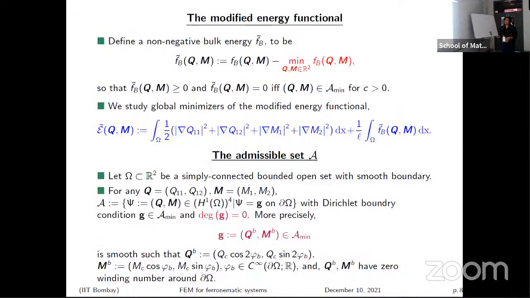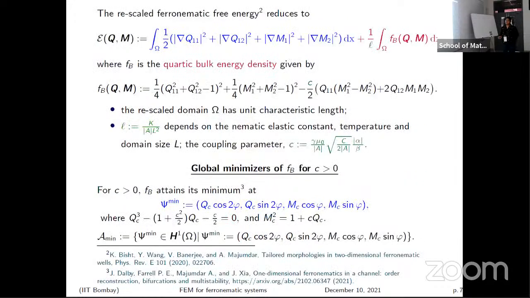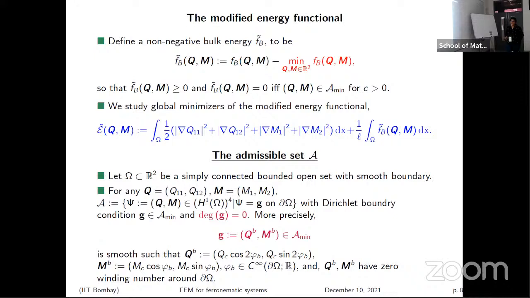So we subtract the minimum value of this bulk energy density and construct a non-negative bulk energy A_B tilde. So observe that A_B tilde is 0 if and only if psi is a global minimizer of A_B. So instead of studying this energy functional, we replace A_B here by A_B tilde, and we consider this modified energy functional.